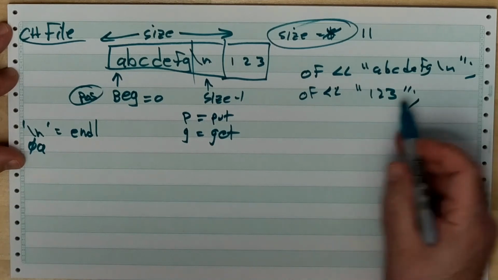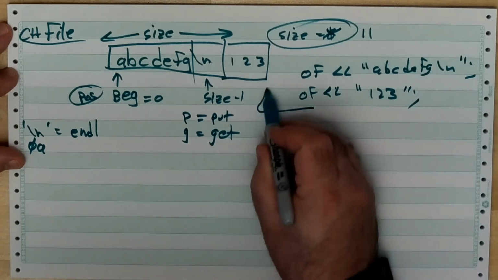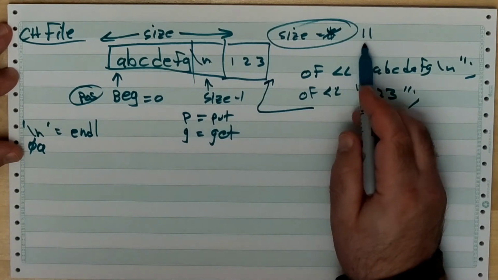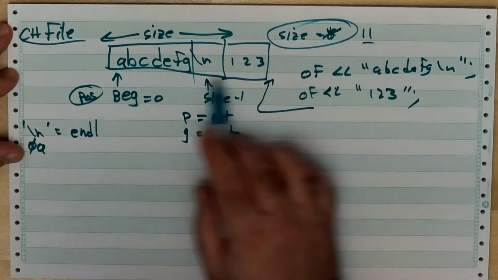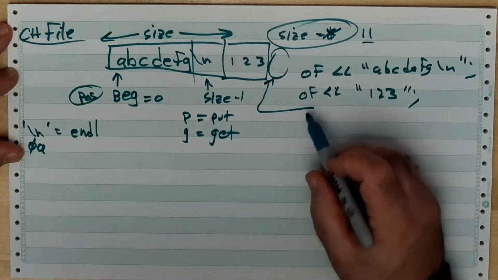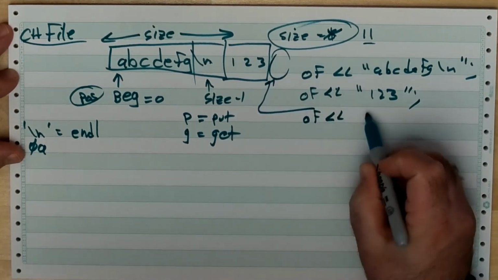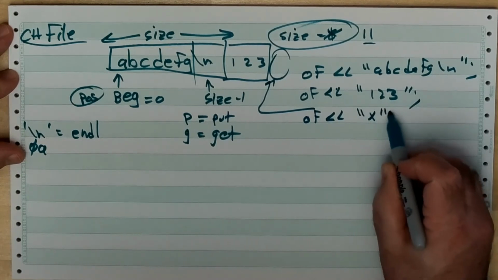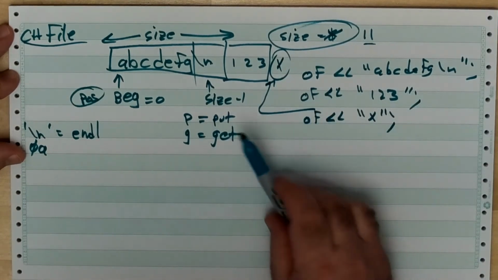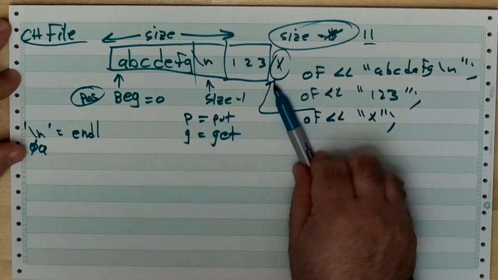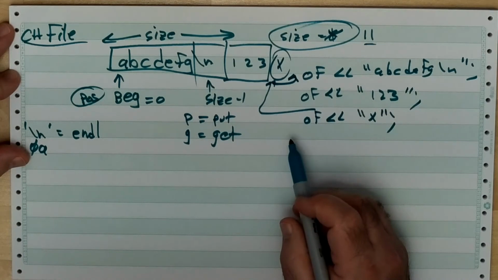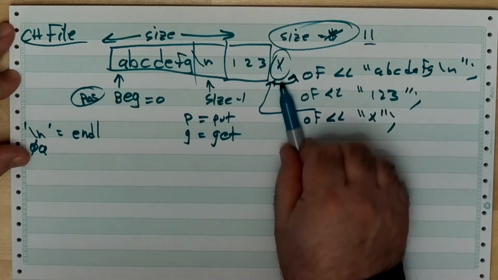And so right now, after I've done this, that position pointer would be right there, and it would equal 11. 11 is the index number of the first non-existent byte at the end of that file. So if I put an X in there, then the X would show up here because that's where the put position currently was pointing. And the put position is then moved over because I just filled it, and this keeps on going.